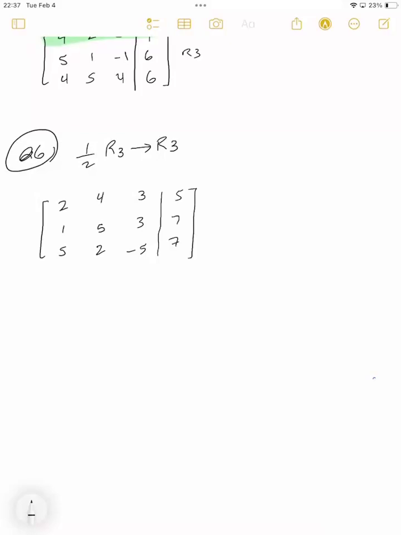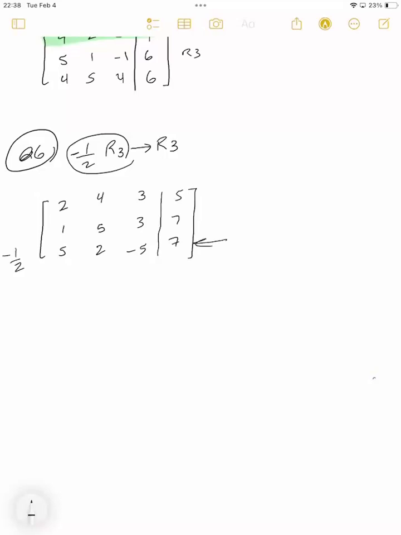So it says multiply row 3 by 1/2 and replace row 3 by 1/2 times row 3, or negative rather. So I want to multiply -1/2 by row 3.